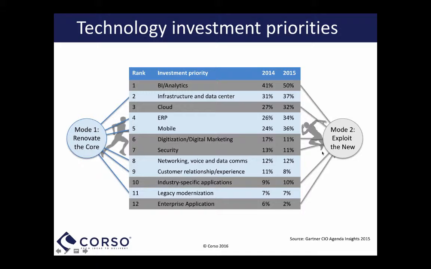Also, the same survey estimated that 79, let's say 4/5, of IT spending is inside the budget, which means a fifth is outside, and that's the digital innovation piece. That spend, although relatively small compared to the core, is still significant, and it's being made out there in the business. That's where business teams are investing in mode 2 technology.